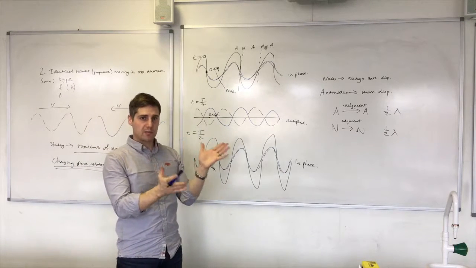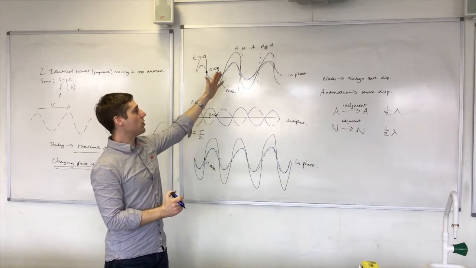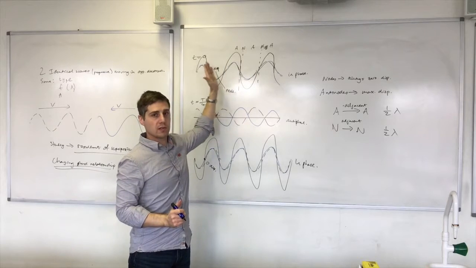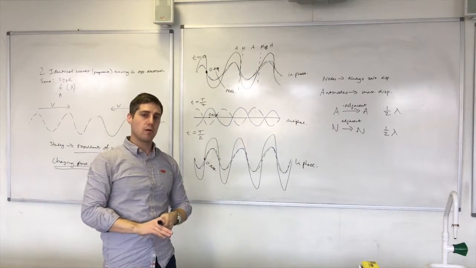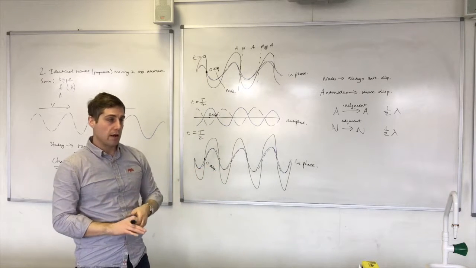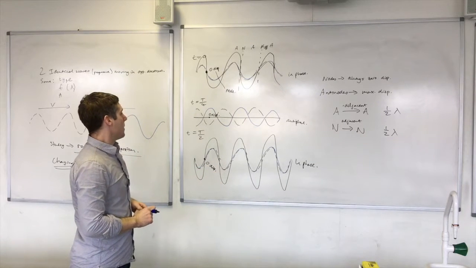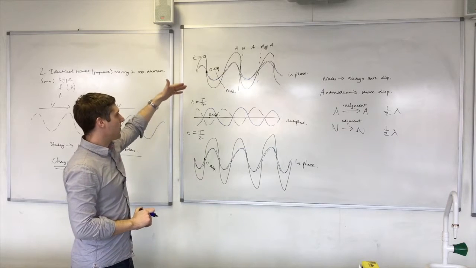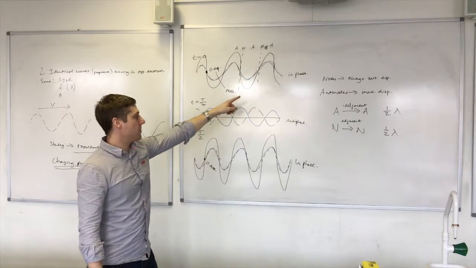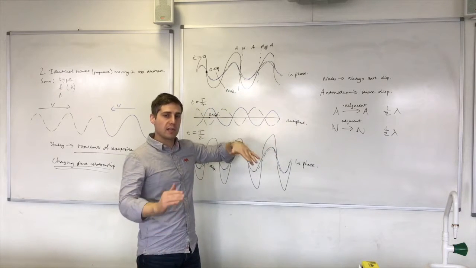If you're actually doing an experiment with this and you wanted to measure the wavelength, you might measure several sets of antinodes or nodes, depending on what you're measuring, to make sure that you can average as well. Okay, so we've seen what's happening. And, of course, being in phase and antiphase, those are the extremes.